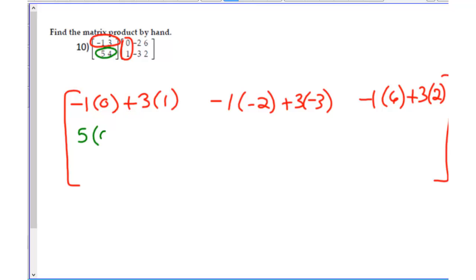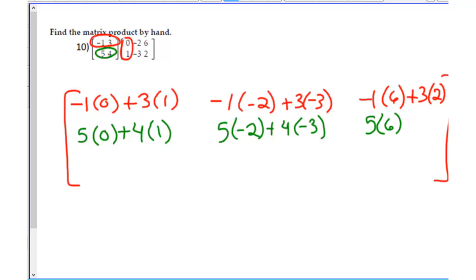So 5 times 0 plus 4 times 1. 5 times -2 plus 4 times -3. 5 times 6 plus 4 times 2.